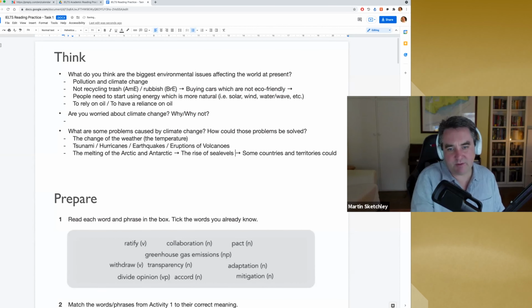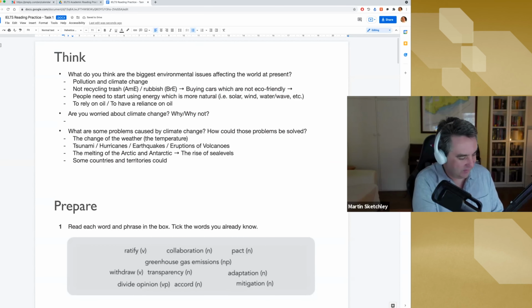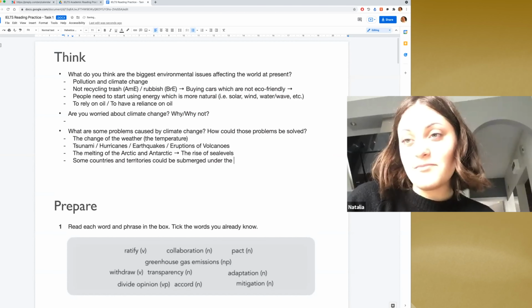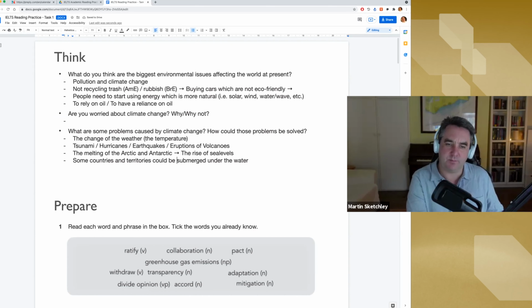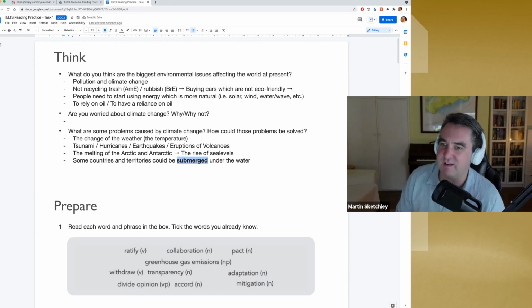Let me put this on the other page here. Some countries and territories could be submerged under the water. So to submerge is to go underwater, isn't it?